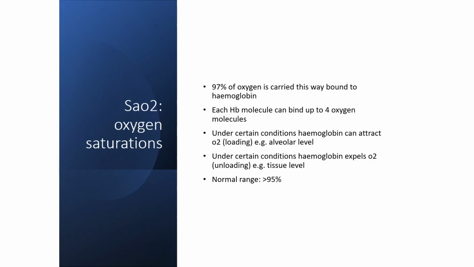And oxygen saturations, again 95% plus, 97% within this slide, oxygen is carried bound to hemoglobin. So think about normal ranges, as I said, in excess of 95%, and this can be assessed quite quickly with simple pieces of equipment.